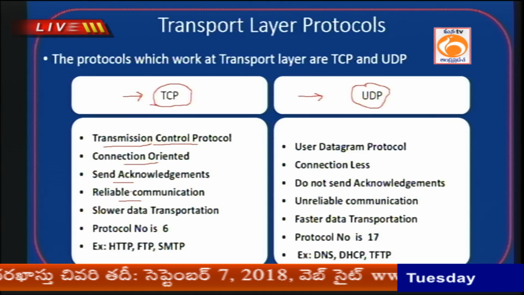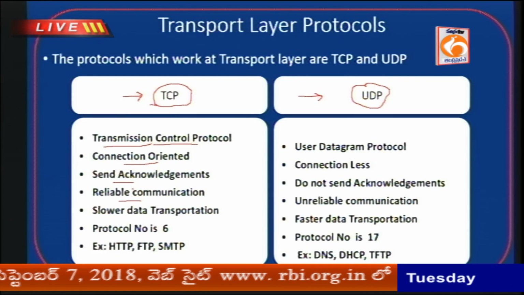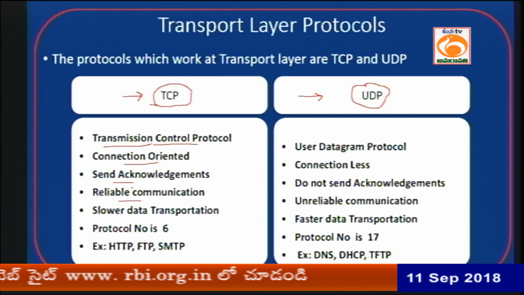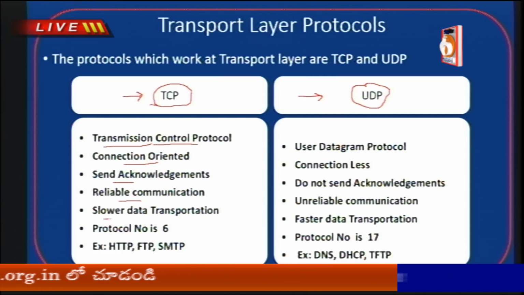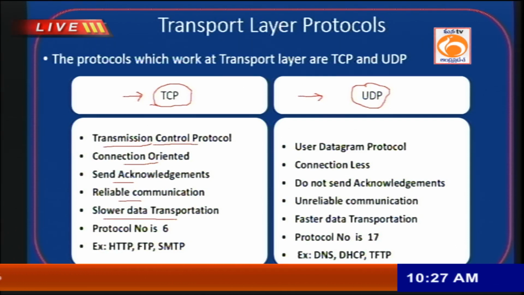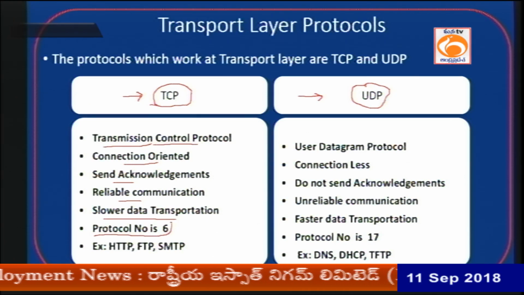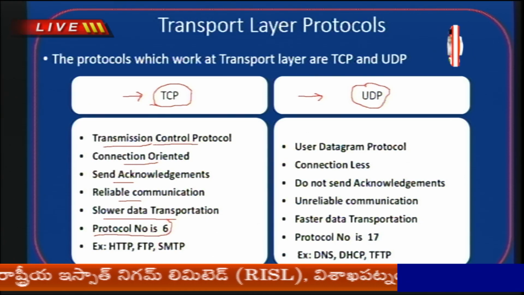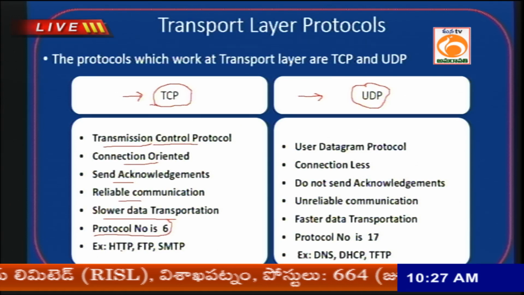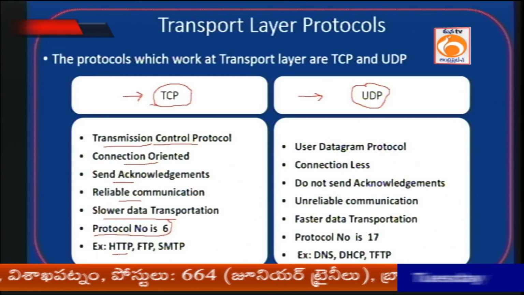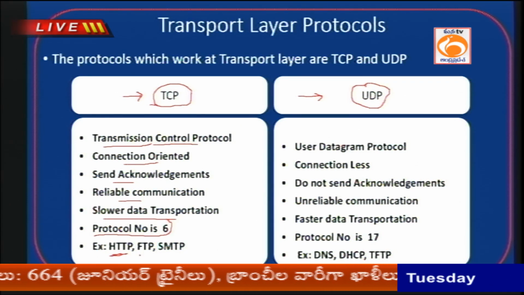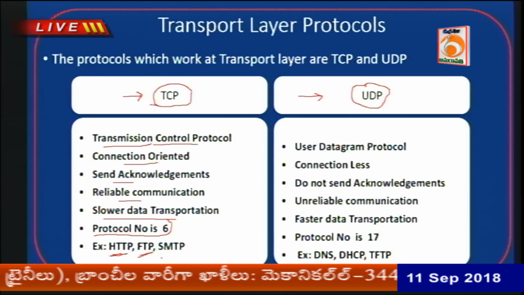When you send data, you get a confirmation that the data was delivered, and since we have to wait for the confirmation, the data transfer is slow. The protocol number reserved for TCP applications is 6.